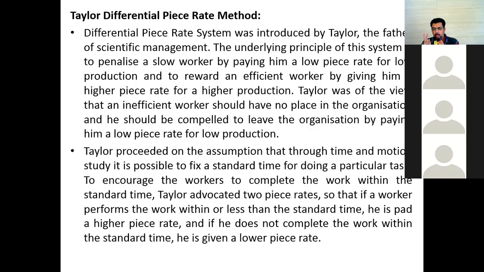If a worker performs the work within or less than the standard time, he is paid a higher piece rate, and if he does not complete the work within the standard time, he is given a lower piece rate. Means one who works more will get more, and one who does not work more will get less as compared to efficient workers, as per the Taylor differential piece rate method.